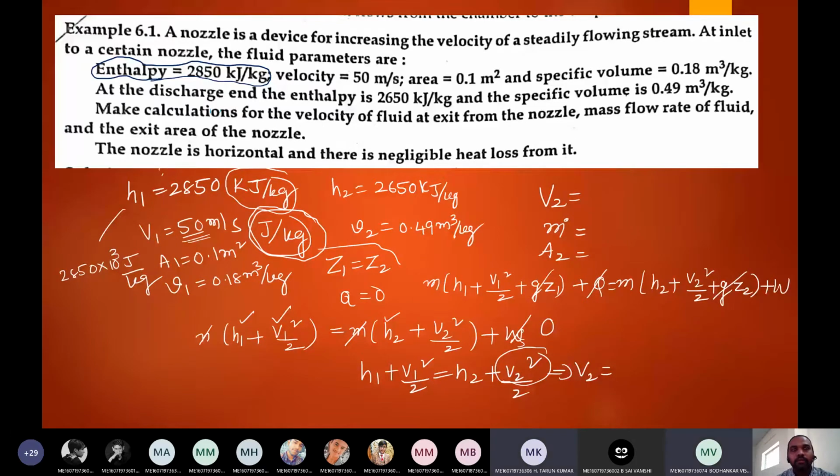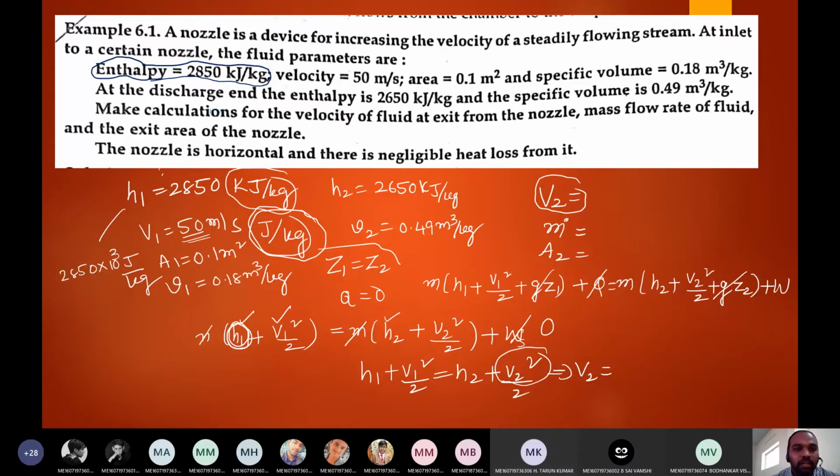Joules per kg means specific enthalpy, sir? Yes, the specific enthalpy. That's why I'm considering it directly as small h1. Okay. So the first bit is over. Always we should consider specific enthalpy only, sir? That all depends upon the input conditions.